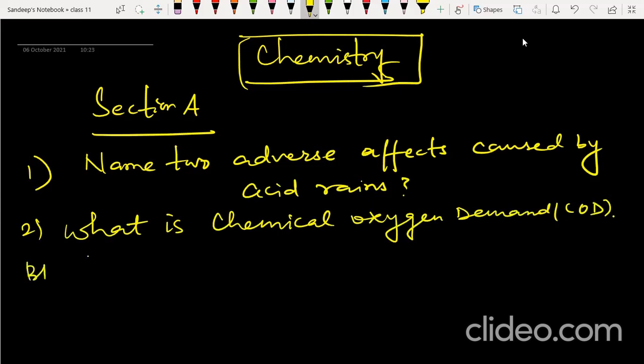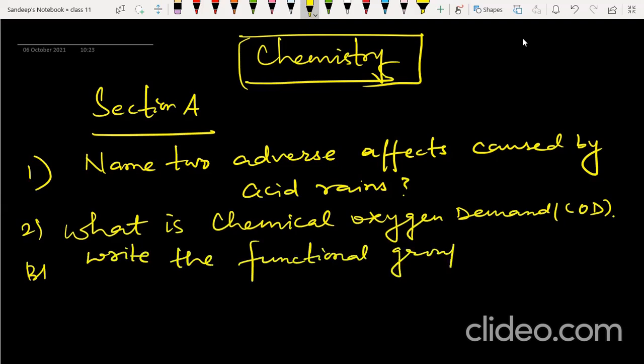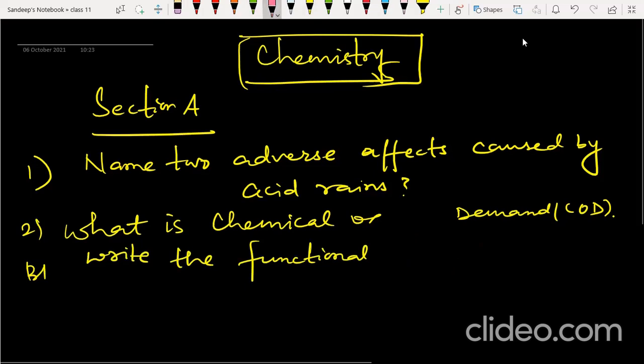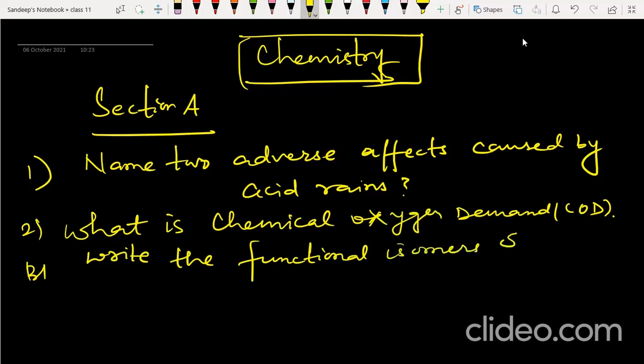Third is, write the functional isomers of C3H6O. So you have to write the functional isomers of C3H6O.